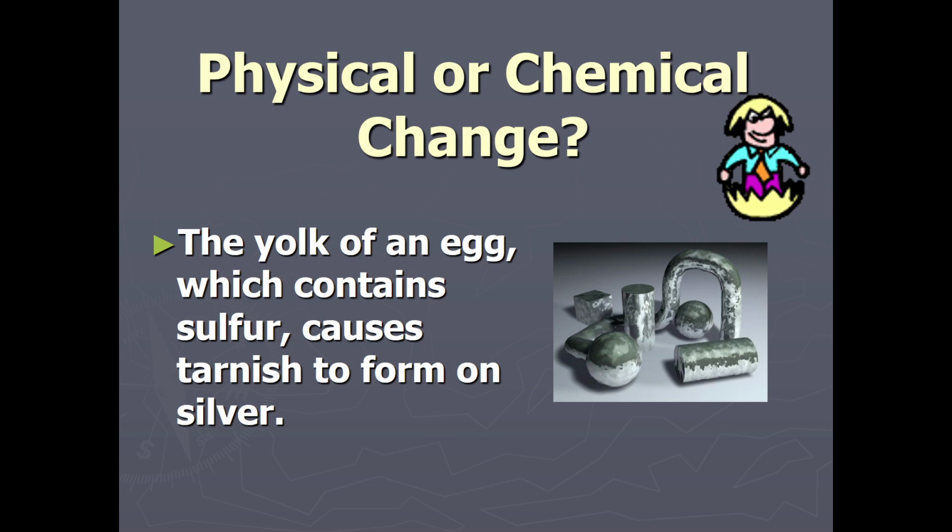The yolk of an egg, which contains sulfur, causes tarnish to form on silver. Chemical. It's the sulfur actually attacking the silver. This is the reason why it should be avoided, or at least washed thoroughly, if you're going to use any silverware with eggs or baked goods.